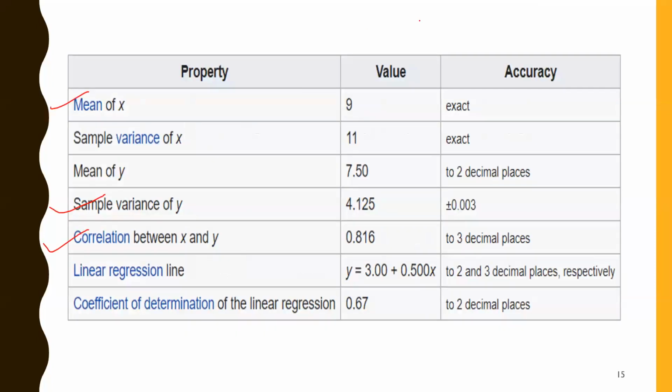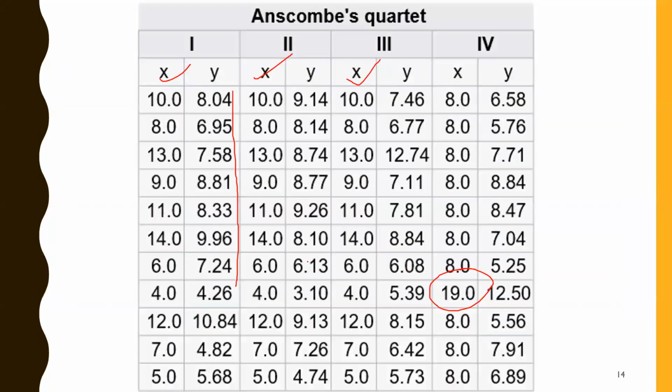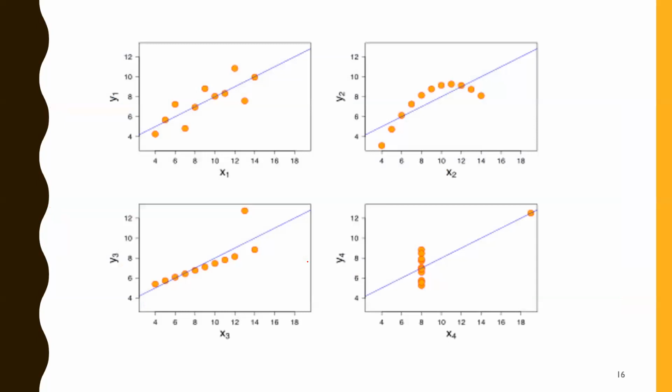Statistically, the mean of X and mean of Y for all 4 data sets are the same. The correlation for all 4 categories of data is the same up to 3 decimal places. The regression line is the same. So statistically, there is no difference in the conclusions arrived from these data sets. Anscombe goes 1 step further and plots this into charts.